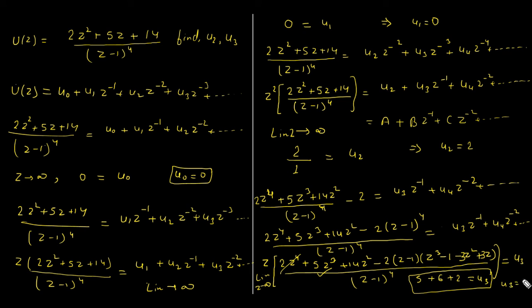u3 will be 13. So what I did here: u4 term will be cancelled, z² and z⁴ terms will be cancelled, and just find the value of the z³ coefficient. One z is outside, because in the numerator we have z⁴ and in the denominator z⁴, so we need to find the coefficient of z⁴. One z is here, so inside we just calculate the coefficient of z³.